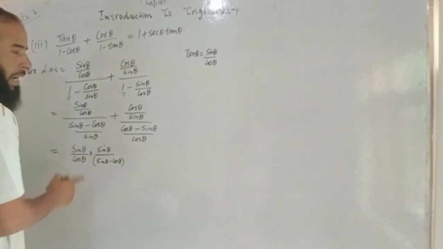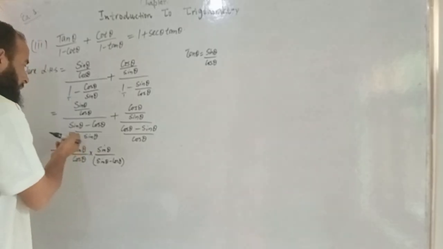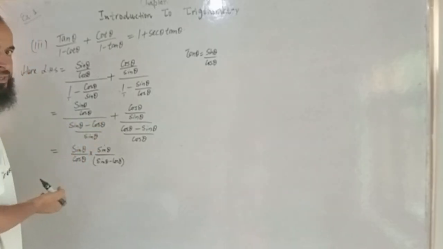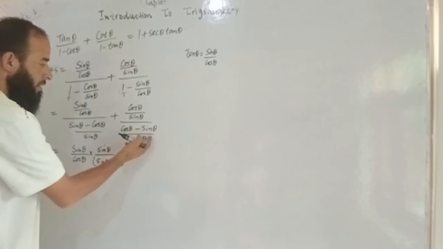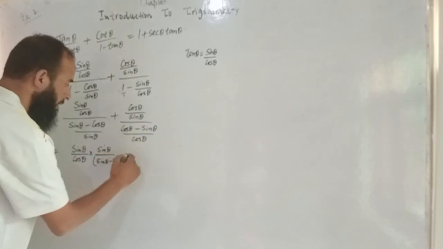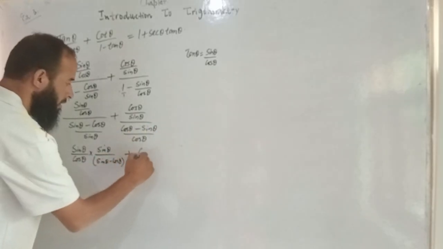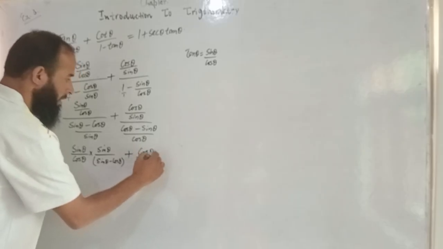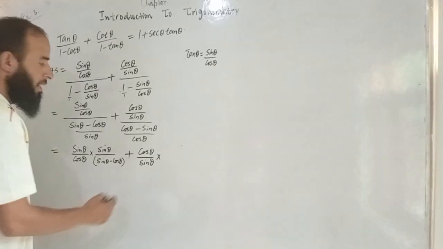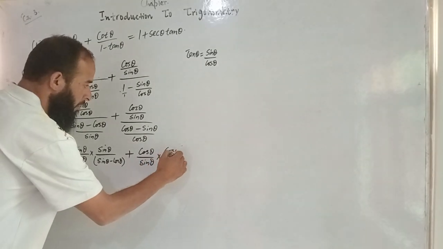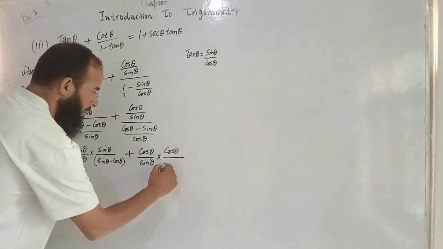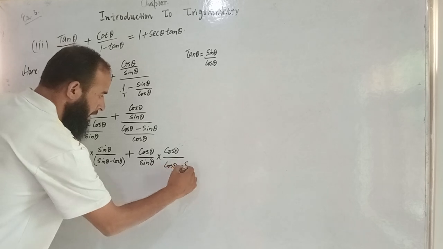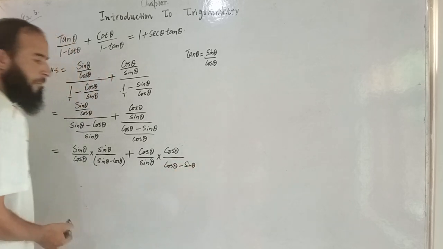Got it? I just took the reciprocal of this fraction. Likewise, we will take the reciprocal of this fraction. This is our plus cos theta upon sine theta multiplied by cos theta upon cos theta minus sine theta.